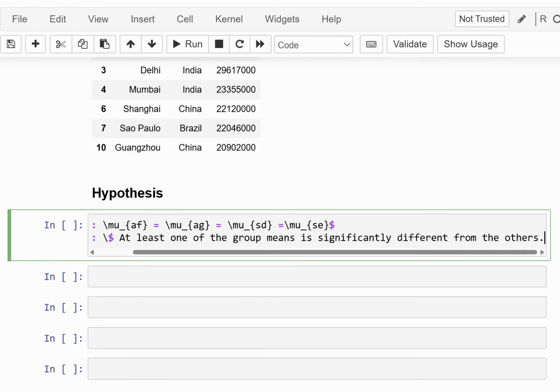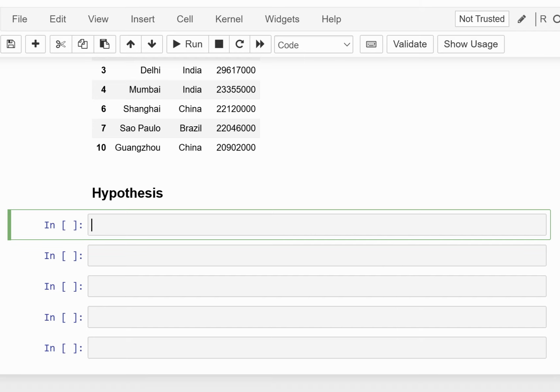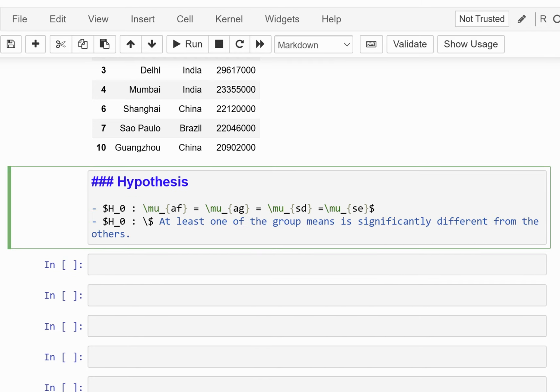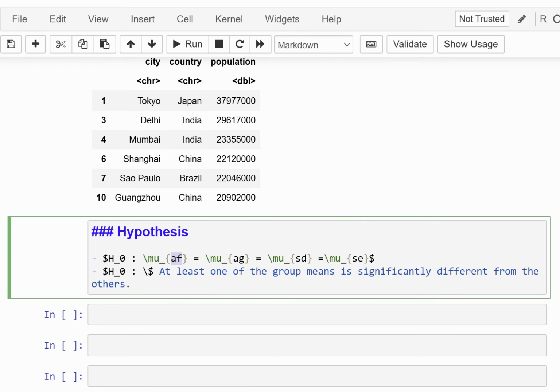Done this hypothesis thing several times. Oops, Control Z, I want to be in here. Here we have China, Brazil, India, and Japan. Those all start with a different letter, so I'll do mu sub C, mu sub B for Brazil, mu sub J for Japan, and mu sub I for India.